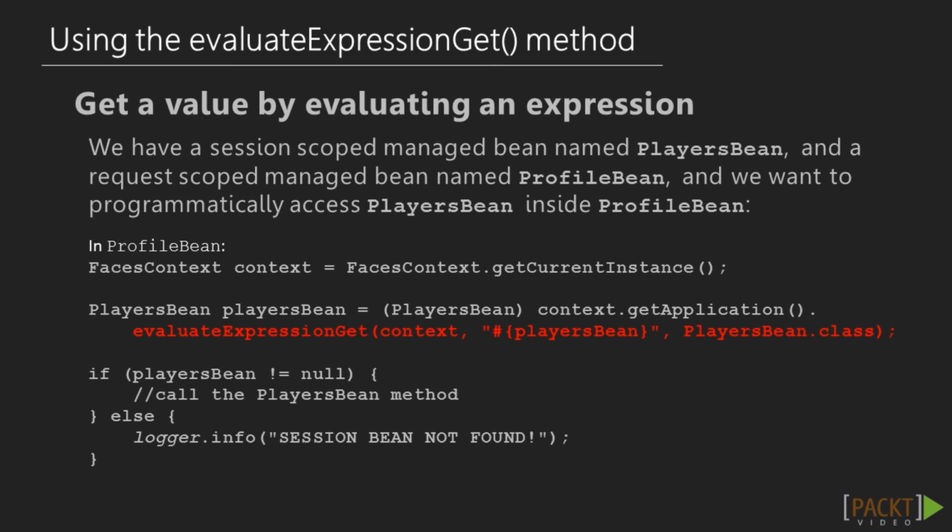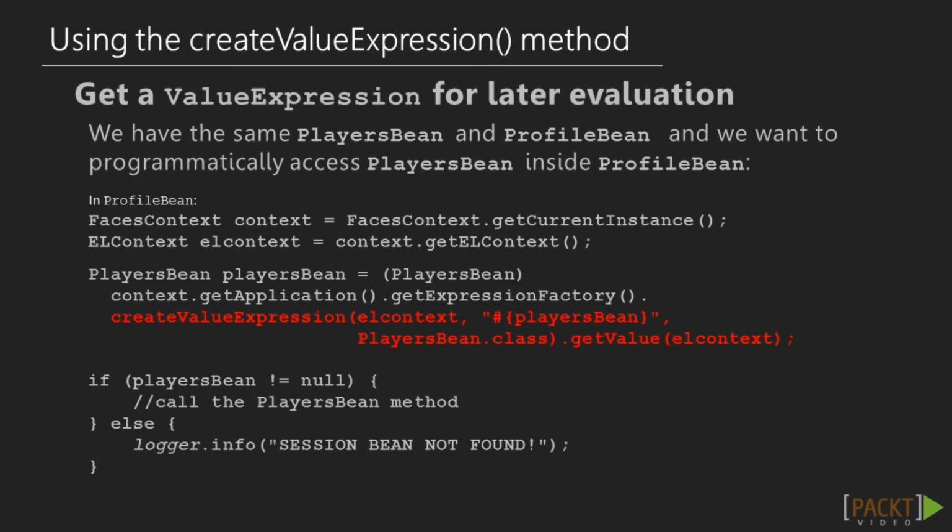Behind the scenes, this method will use the information to call the ExpressionFactory createValueExpression method, which is capable of parsing an expression into a value expression for later evaluation. So, since the evaluateExpressionGet method uses the ExpressionFactory behind the scenes, another approach consists of using the createValueExpression method directly.